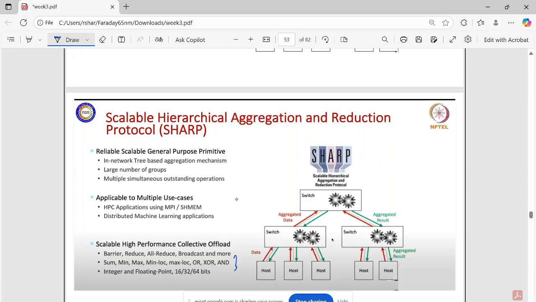So now we reduce an n step operation to a two step operation, for a network topology which is two level.